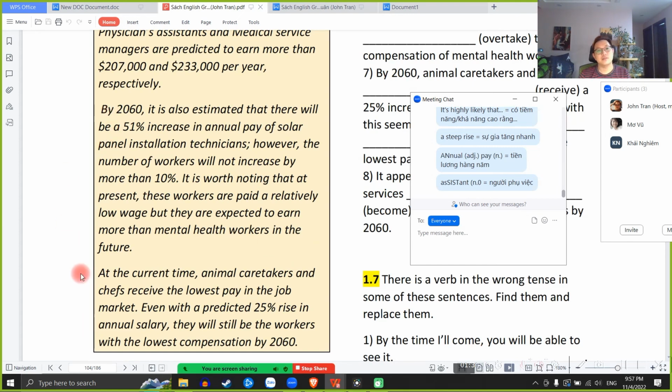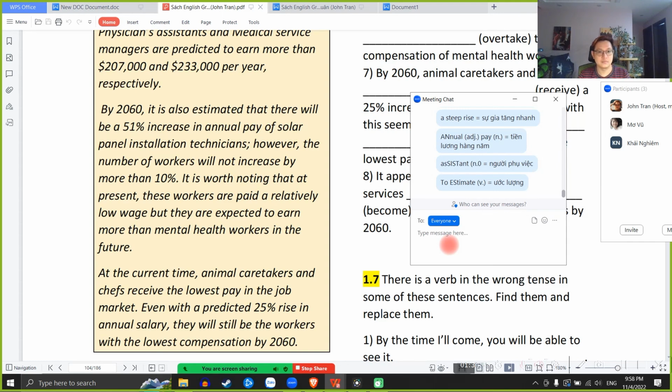Mer, please, can you finish the rest of them? By 2060, it is also estimated that there will be a 51% increase in annual pay of solar panel installation technicians.